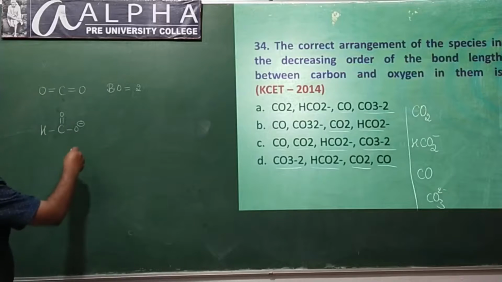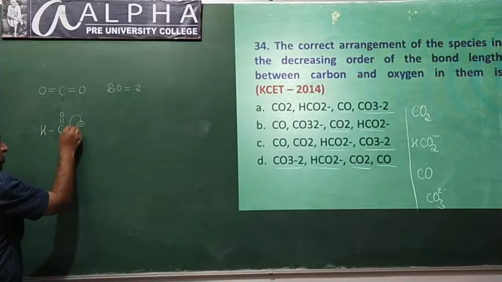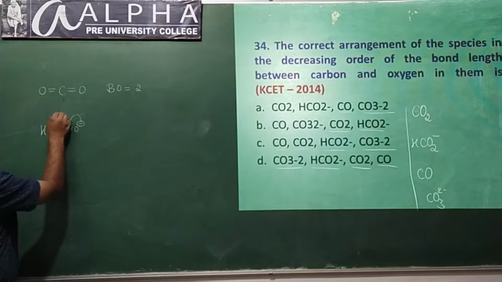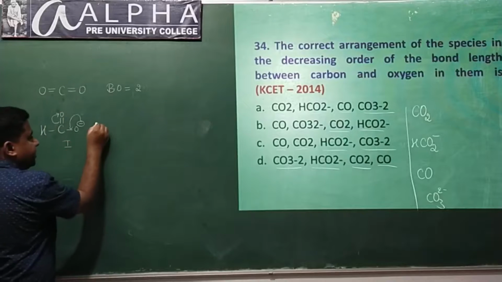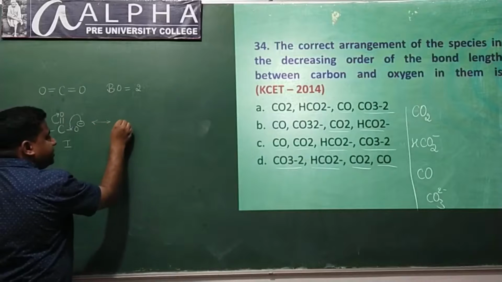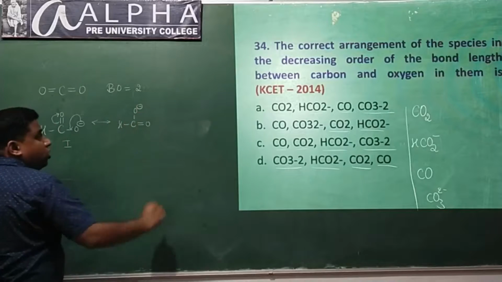No, actually this is resonance stabilized, students. This negative charge will move here and the pi electrons will be shifted to this oxygen, so that the other resonating structure is going to be HC, O minus, double bond O.